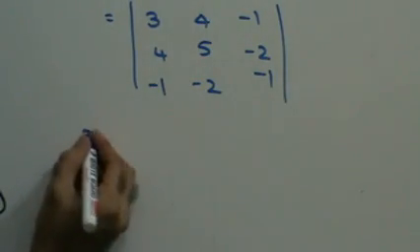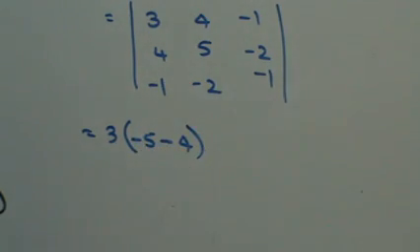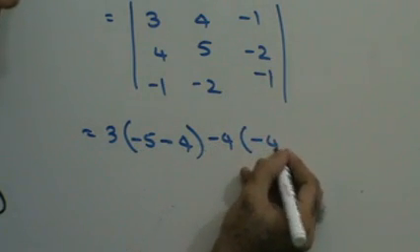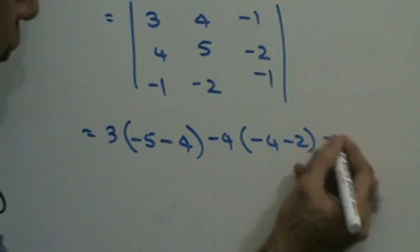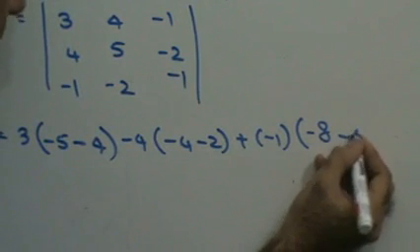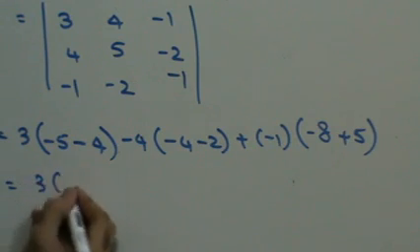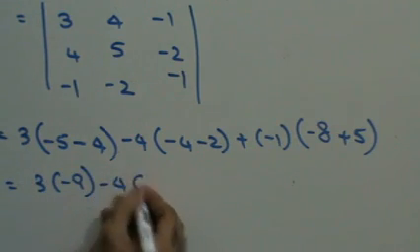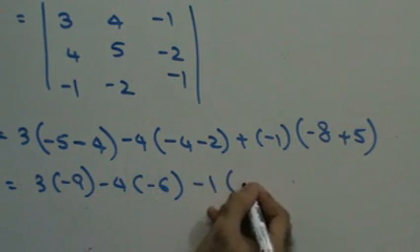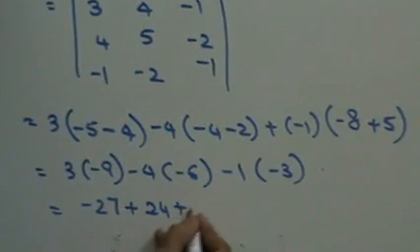Solve the determinant. 3 minus 5 minus 4, minus 4 minus 4 minus 2 plus minus 1. This is minus 8 minus 5, plus 5 minus 8 plus 5. So this is 3 minus 9 minus 4 minus 6 minus 1 minus 3 minus 27, minus into minus plus 24 plus 3 which is 0, right?